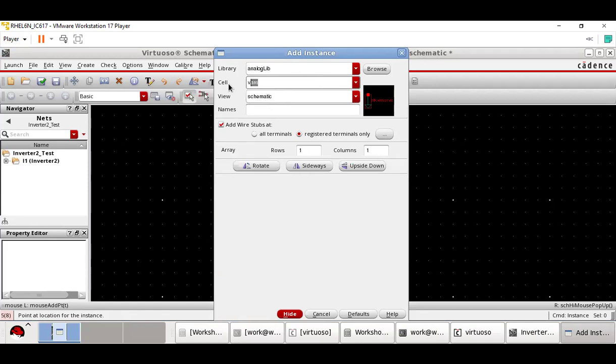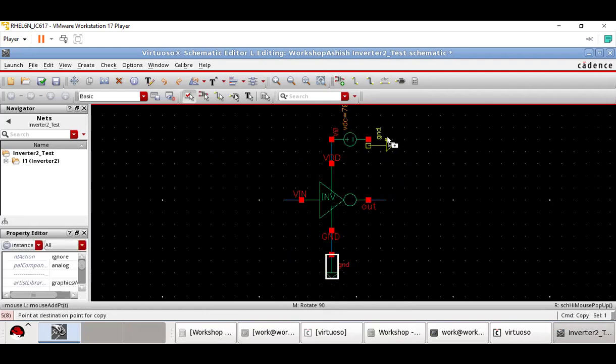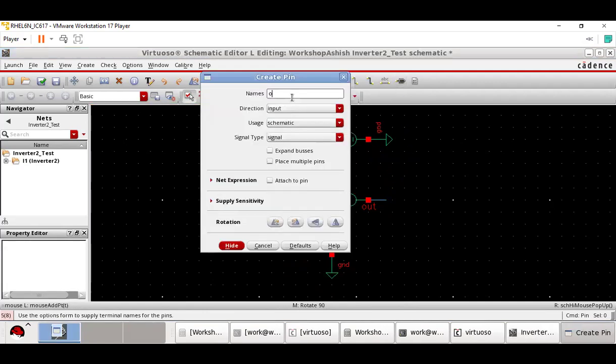This VDC source of 0.7 volt to the VDD side. You can put the ground with this. The output pin with the out, the way we did in an inverter.